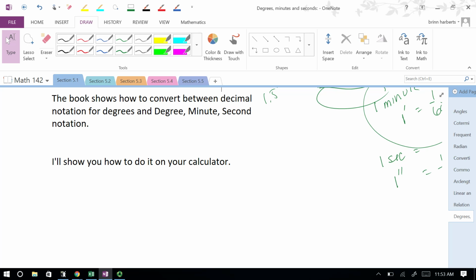I'd prefer to do it with my calculator. Okay. So if I write down this angle, 19 degrees, 47 minutes, and 23 seconds, I could also express that as just a decimal portion of a degree. The problem is this is base 60 and decimals are base 10.